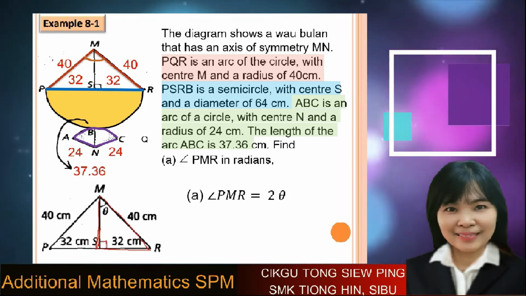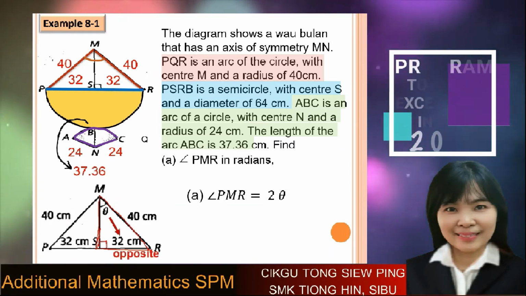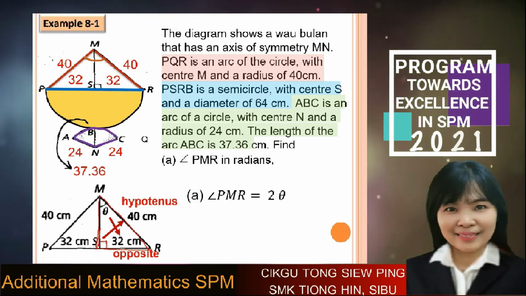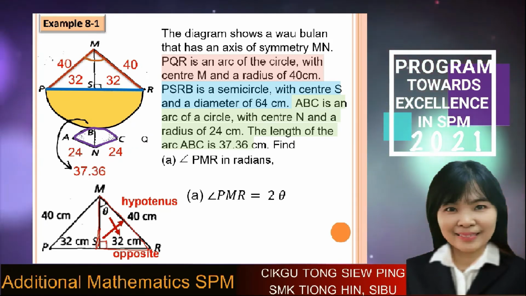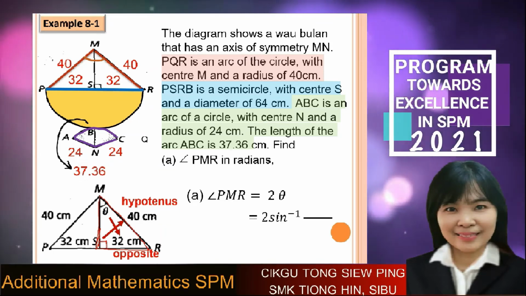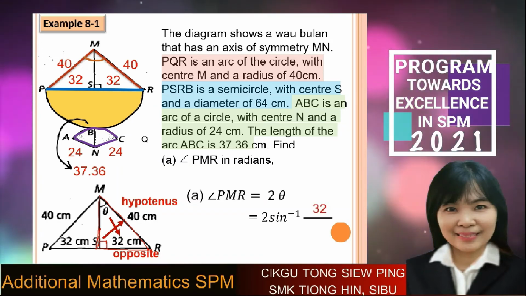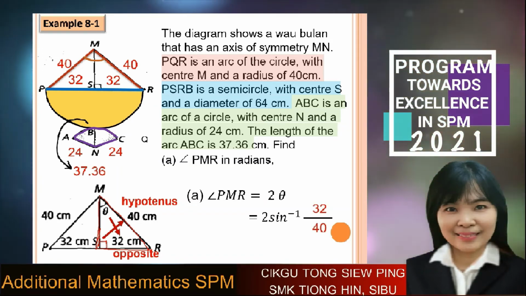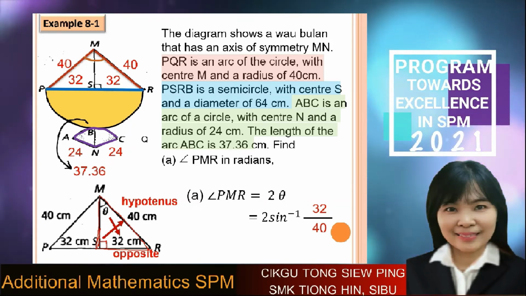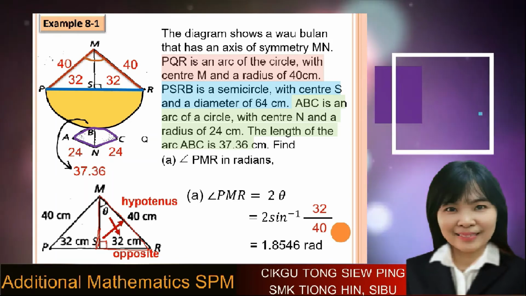Therefore, we can solve for theta by using the trigonometry functions. 32 is the opposite of the triangle. 40 is the hypotenuse. We have opposite and hypotenuse. Therefore, we can use the sine function. Theta is equal to shift sine opposite, that is 32, over the hypotenuse, that is 40. Use your calculator and get the answer. The answer is 1.8546 radian.